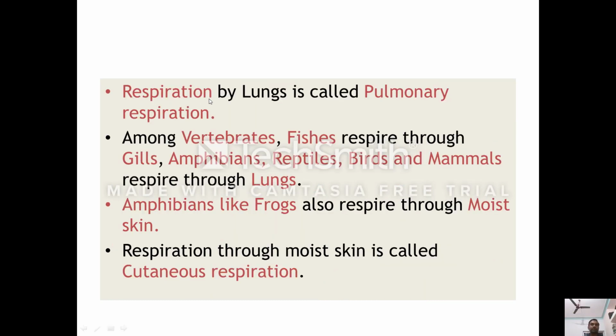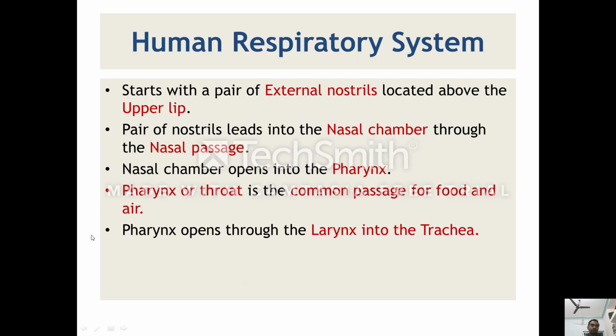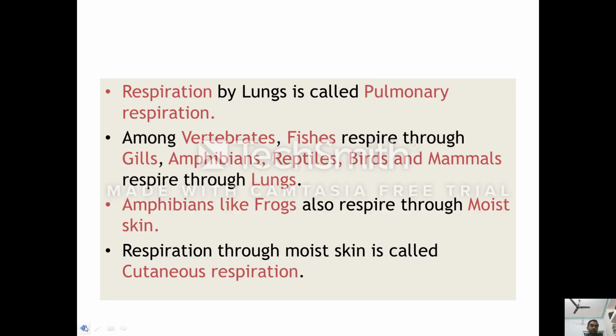Next, if we talk about respiration through the lungs, this process is called pulmonary respiration.